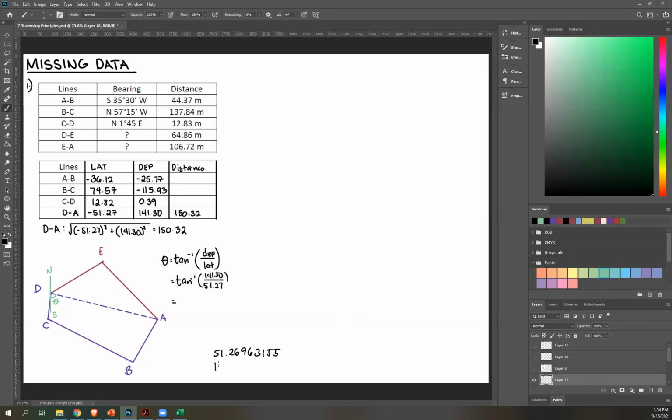And that is 141.3027986. Getting the square root of each, that's 150.3165194. And if we're using the whole value of it, that is indeed 32.